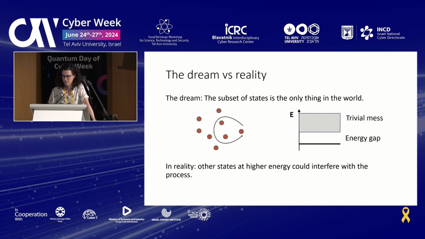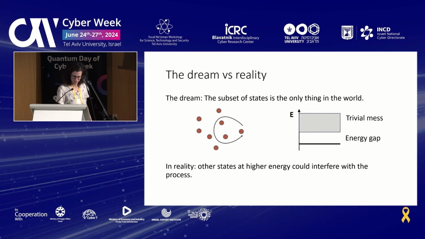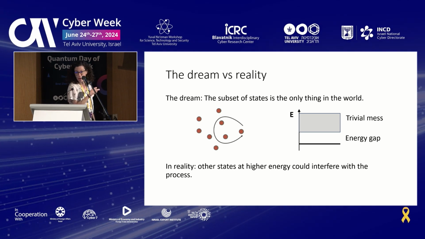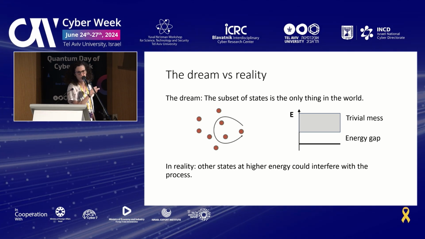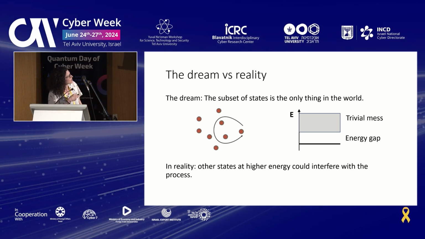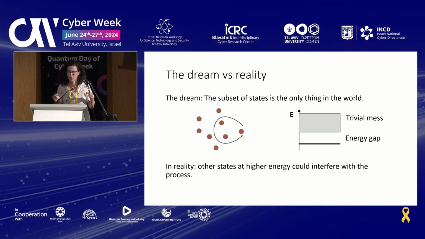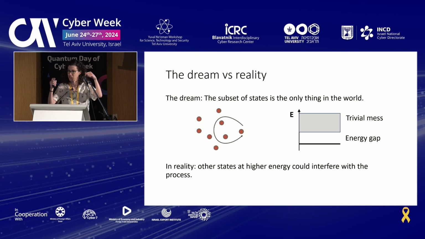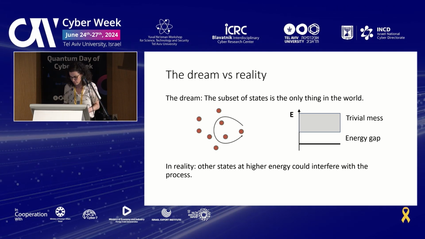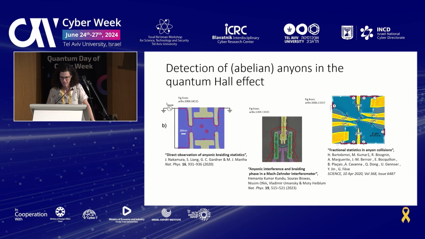So this collection of states lives down here in energy, and then there is presumably some energy gap, and here there is a bunch of trivial mass of electrons and things flying around. This energy gap would basically put a limitation on how fast you can do these operations. They have to be very, very slow.